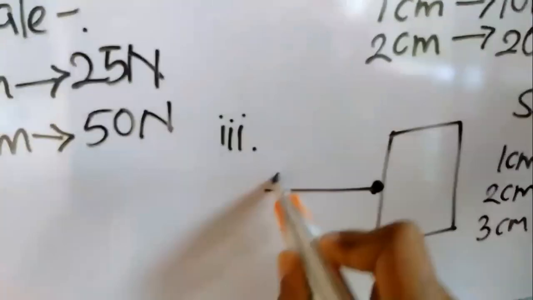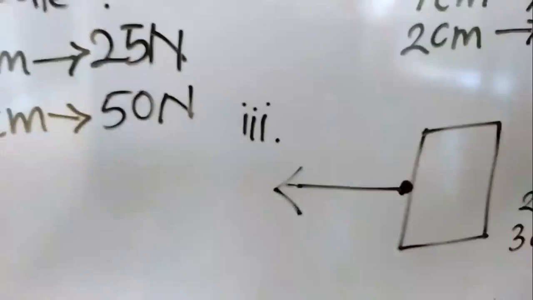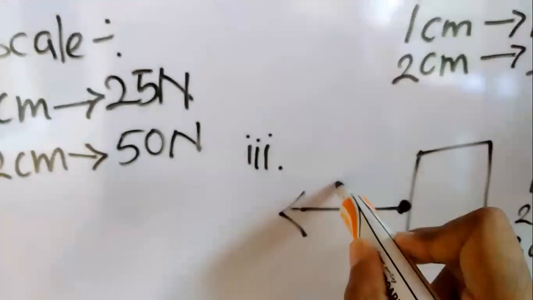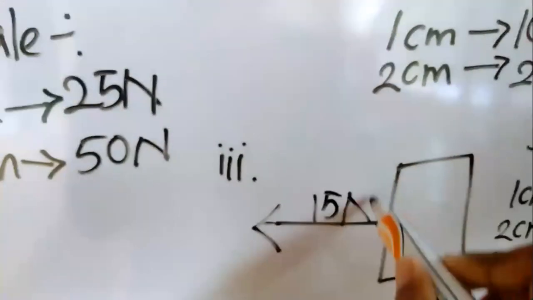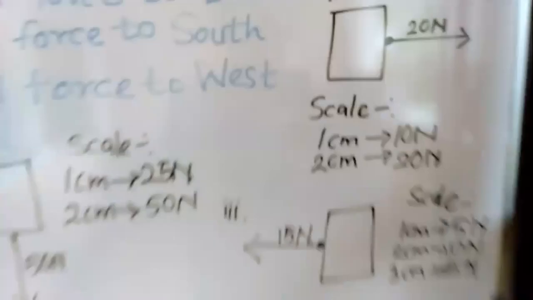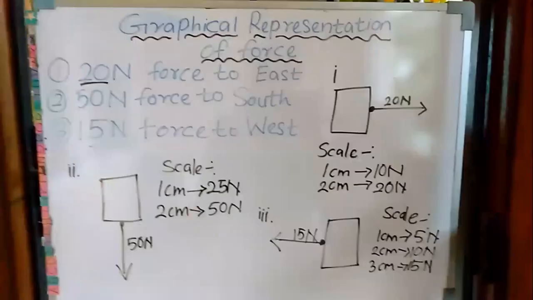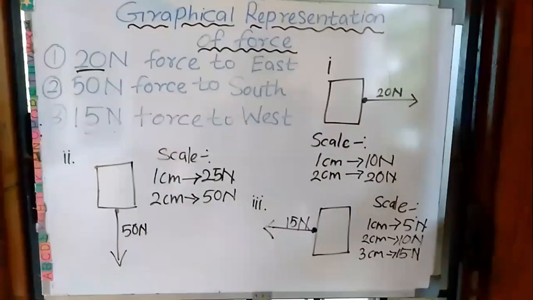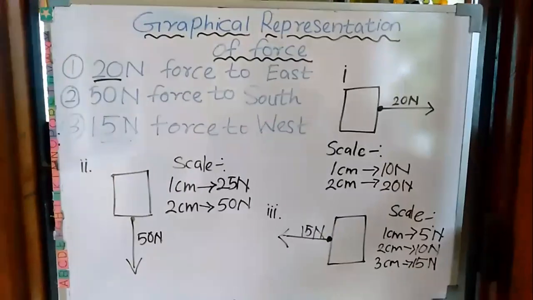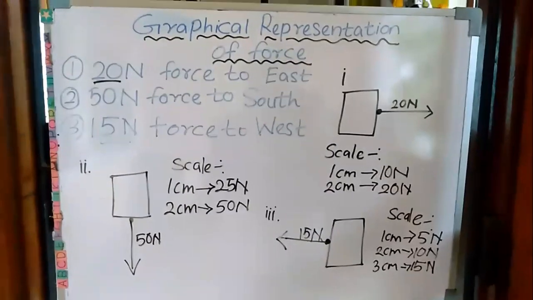So draw here 3 centimeter line. Arrowhead represent the direction. 15 Newton. So I think now it's very clear how we can graphical representation of force.